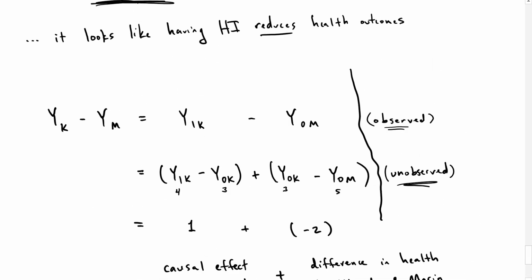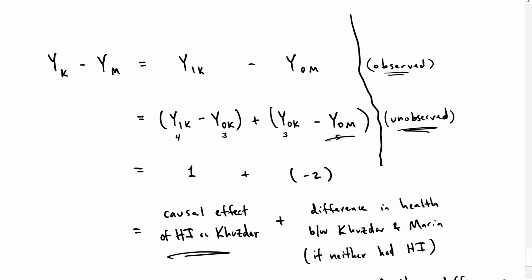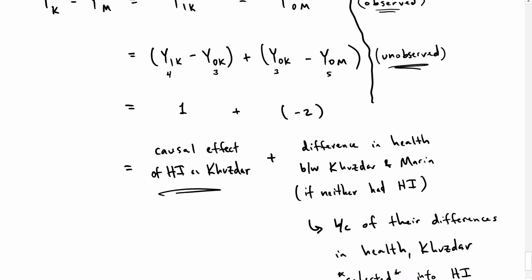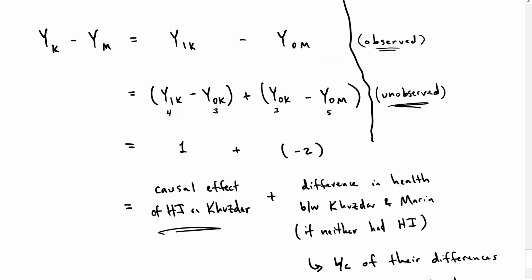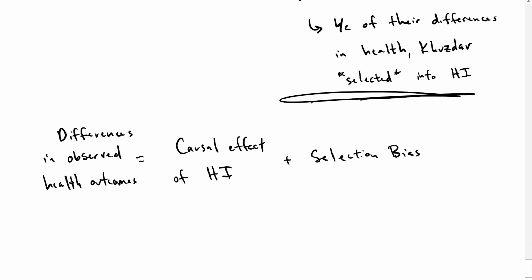Okay, and that's because Maria did not select into health insurance because she's a healthy person. And so if we just look at the total observable differences, it's going to incorporate selection bias. And what we want to do is remove selection bias from our problems. So that's the same thing as that original table up above that I showed you. There's also selection bias based on incomes, based on employment, and so on and so forth. But this is a pretty critical piece.